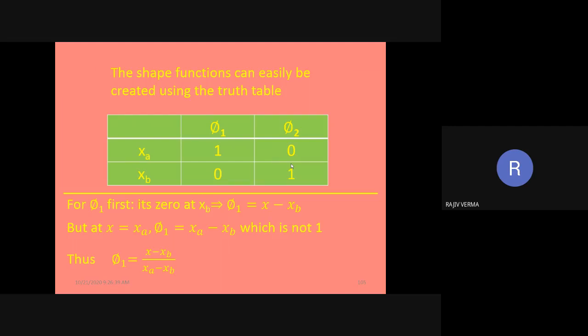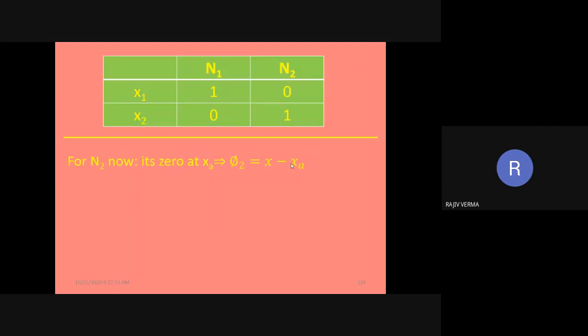Similarly, we can derive the expression of phi 2. Phi 2 is supposed to be 0 at xa. Therefore, you get the expression x minus xa, because this is 0 at xa.